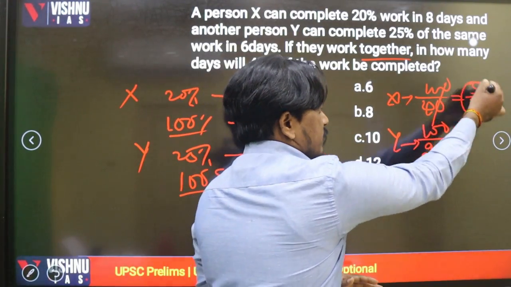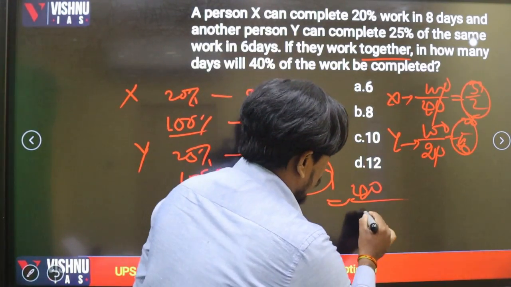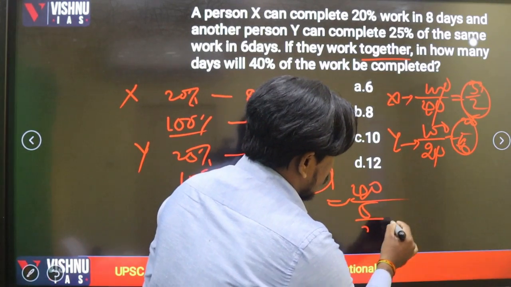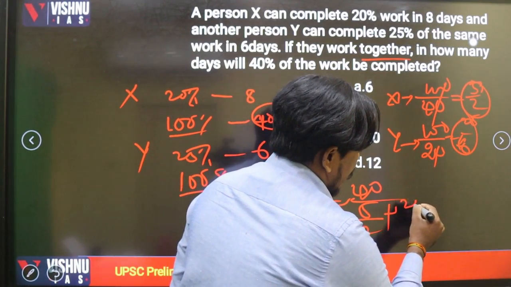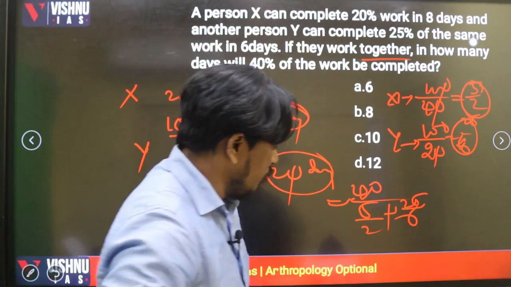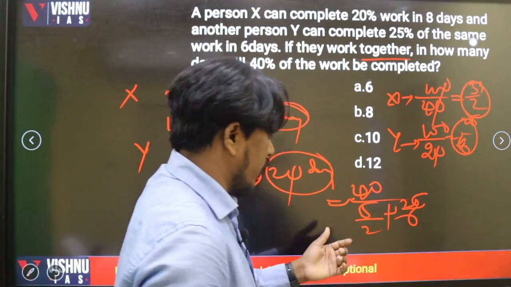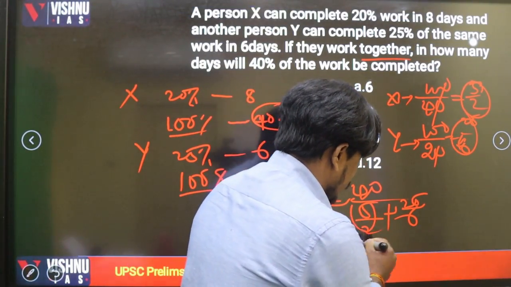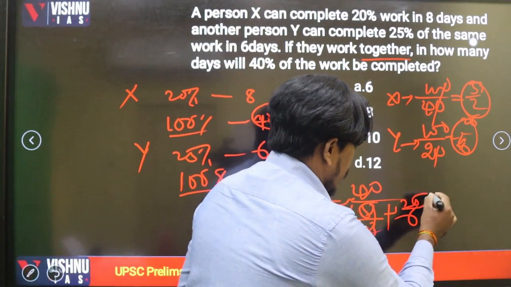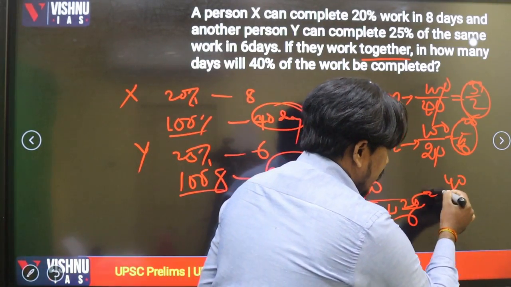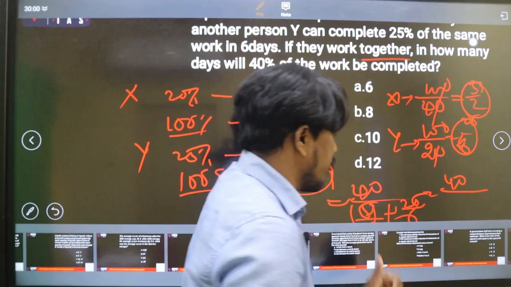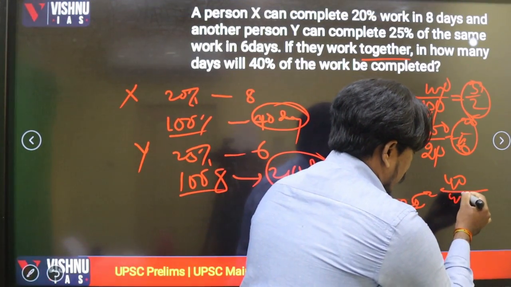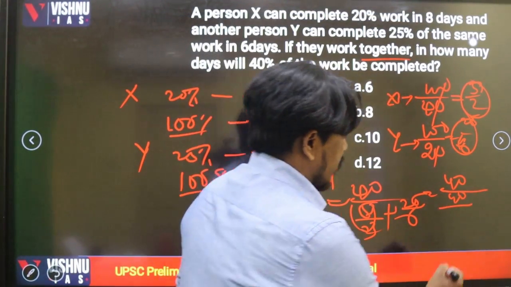So we will take 5 by 2 plus 25 by 6. If we simplify, multiplying with the LCM, 3 and 1, we get 15 plus 25, so 40 divided by 6.